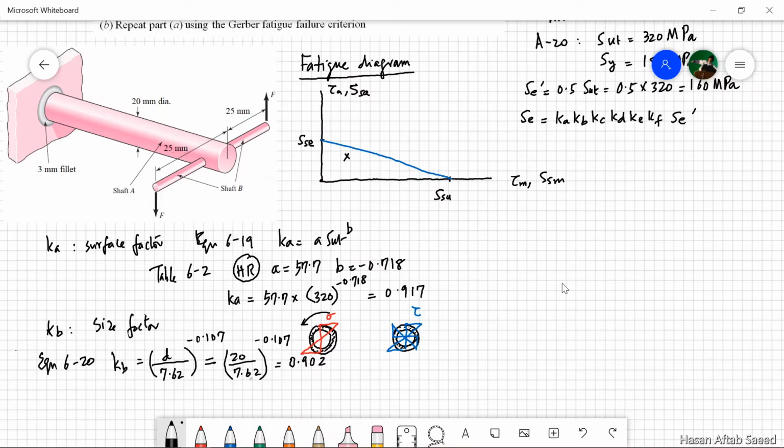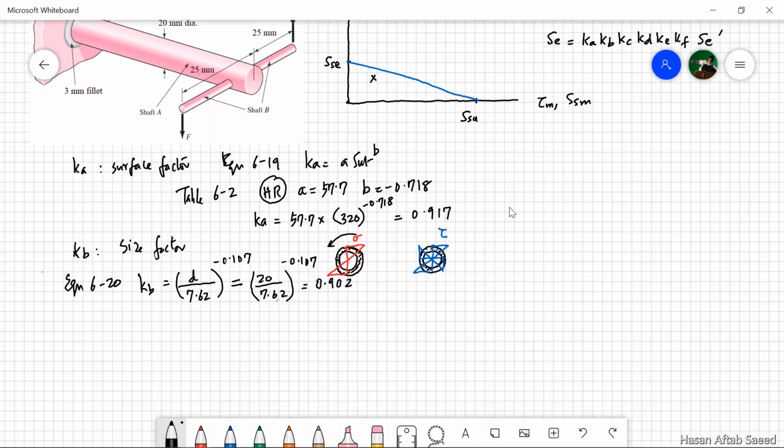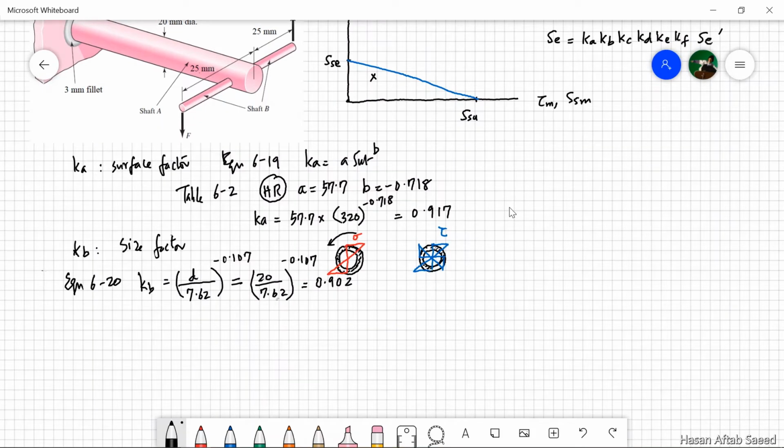Now Kc, we come to Kc now. This is the first time we are talking about Kc in a numerical problem. Yes, we have discussed this. This kind of Kc, this is the first time we are going to use it, and this Kc is the load factor.